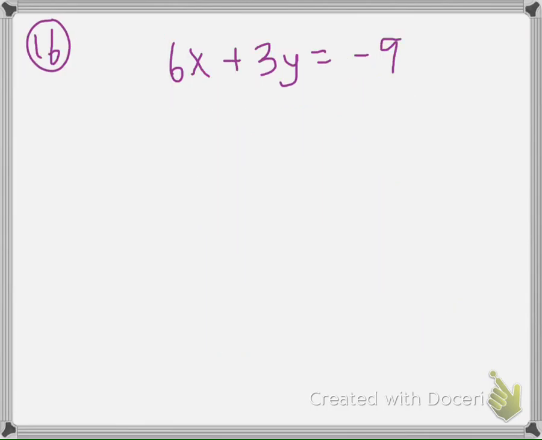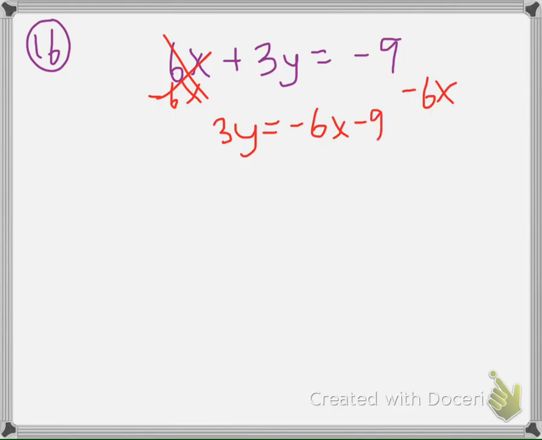Okay, number 16. Again, I need to move x to the other side. And I'm going to offset it. So these cancel out. I'm left with 3y equals, write this x first, 6x minus 9. Then I need to get rid of the 3 by dividing it. And everything gets divided by 3. And I'm left with y equals negative 6 divided by 3 is negative 2x. Negative 9 divided by 3 is negative 3.